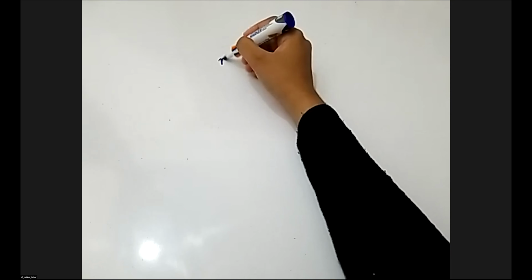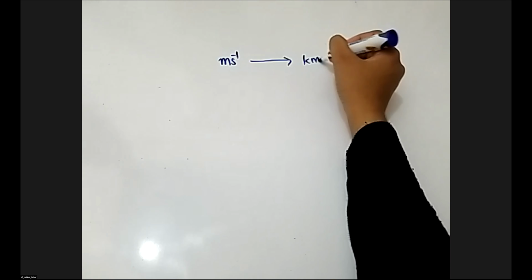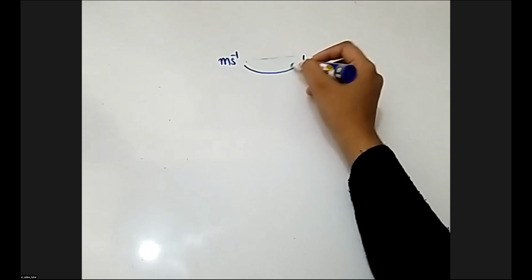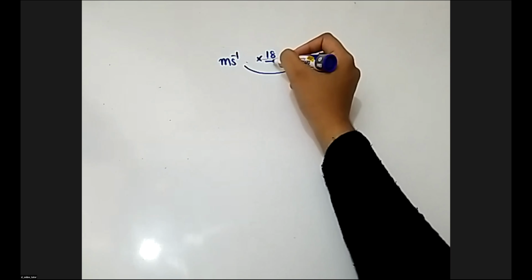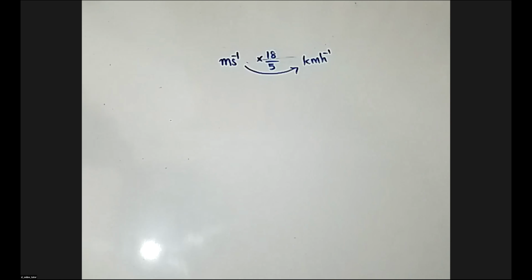Now look at the board. If you are given any units in meters per second to be converted to kilometers per hour, remember what you have to do is just multiply meters per second by 18 over 5. Remember that. For my students, I have already taught them to maintain a concept book.